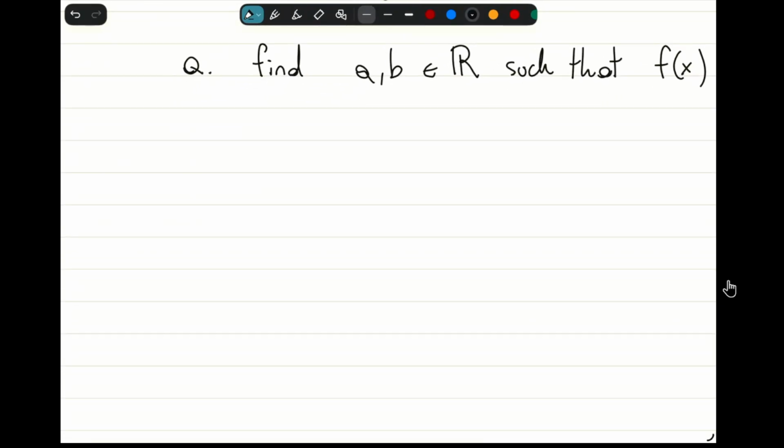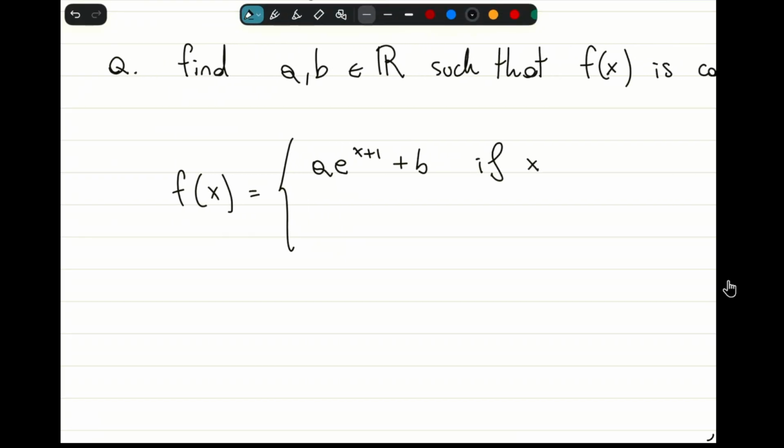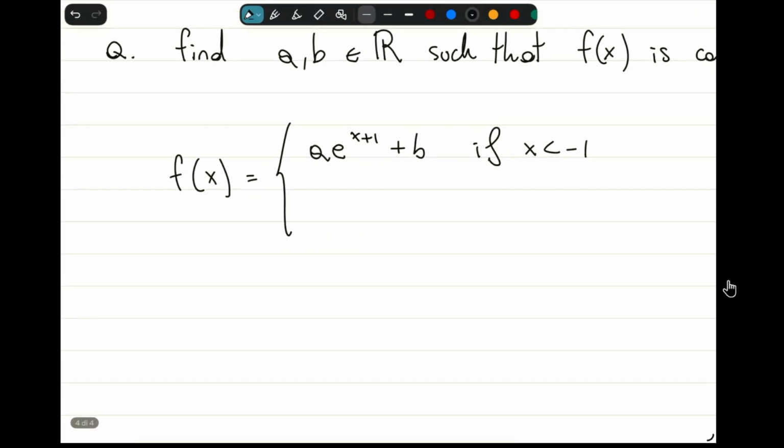Okay, so let's see. We have f of x equals a e to the x plus 1, plus b, if x is smaller than negative 1.